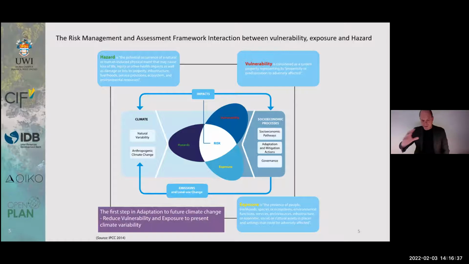So based on these projections, you translate this into impacts on the different socioeconomic processes. We will review this also in a few slides. So basically today, in the next few slides, we will continue by defining hazard, vulnerability, and exposure. So please, Simone.